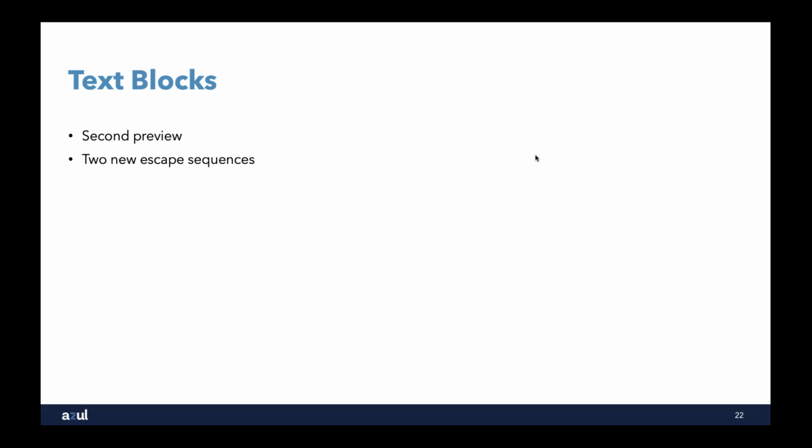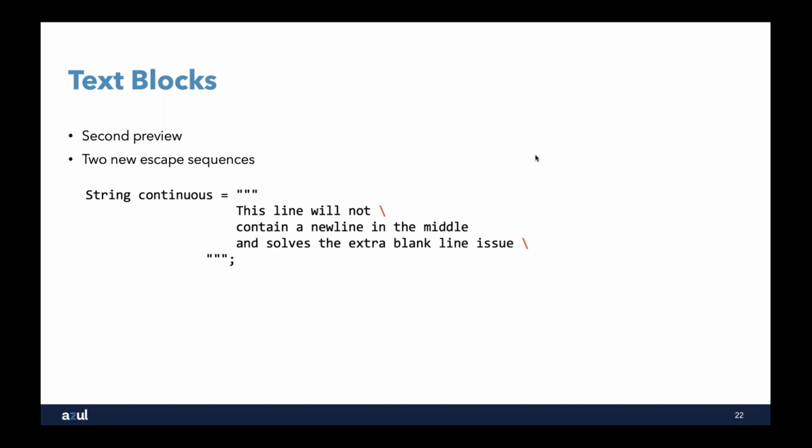Text blocks. Again, this has now been updated, and we have a second preview in JDK 14. In terms of changes, two minor things were added, essentially escape sequences. First of those was the idea of having a backslash at the end of a line to indicate that you wanted continuation and you didn't want a new line between those two lines.